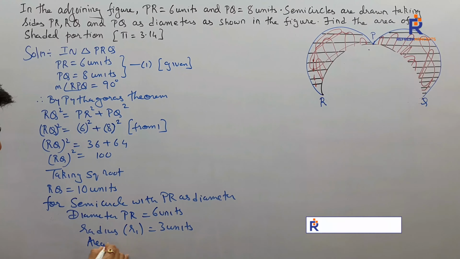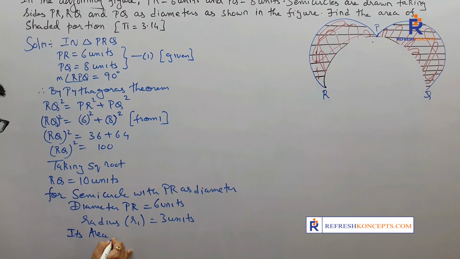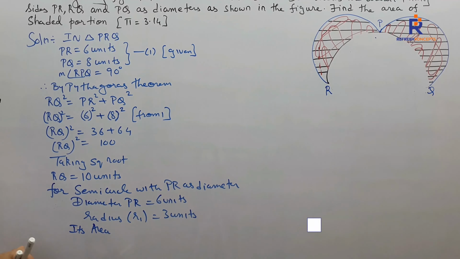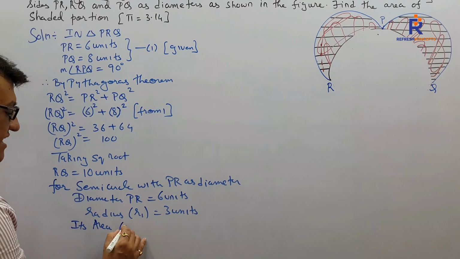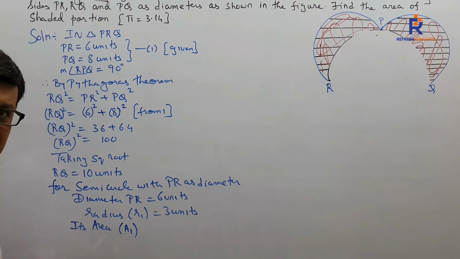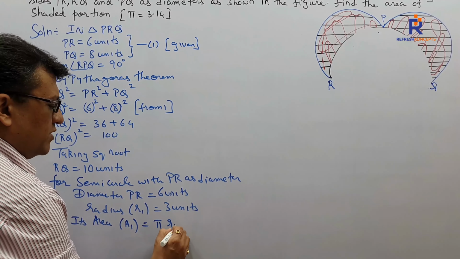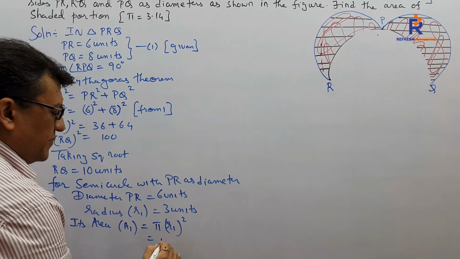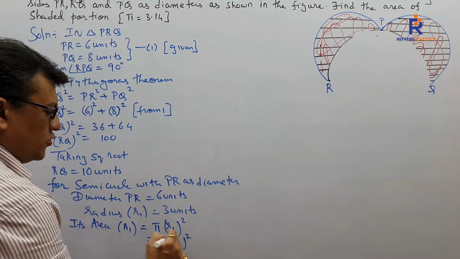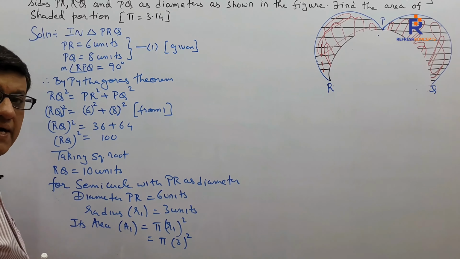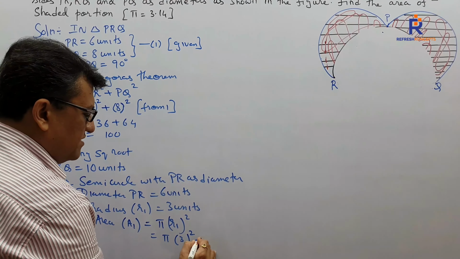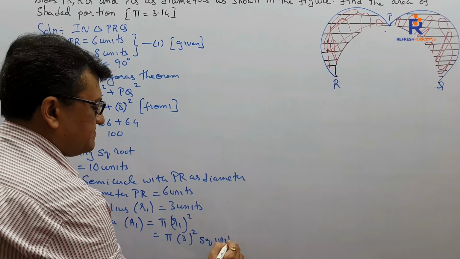Its area, that means the area of the semicircle with PR as a diameter, area A1, is pi R1 square, pi 3 square square units.